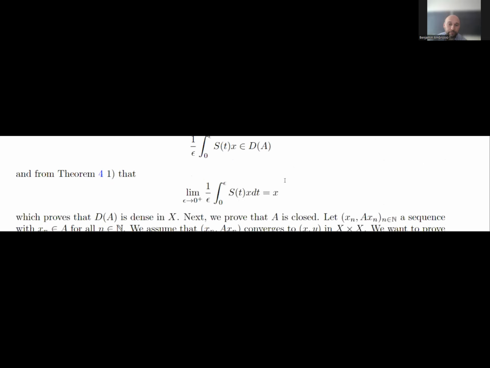Also, assume that you have an operator that generates two C0 semigroups, S and T. Then in fact, S equals T. Again, the proof is interesting here. You can have a look at it, and again, if you have some questions, just come back to me next time.